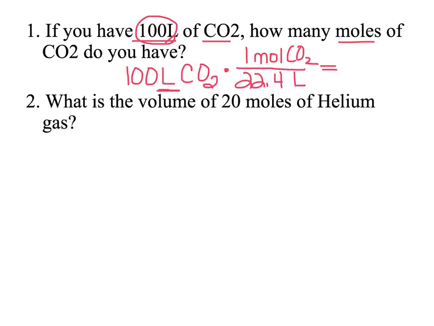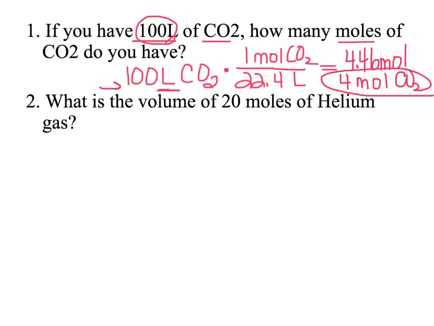So we're going to divide, and we get 4.46 moles. Since we only had one significant digit, I guess we'd have to round that technically to 4 moles of carbon dioxide. But the important thing is that you divide to cancel liters.